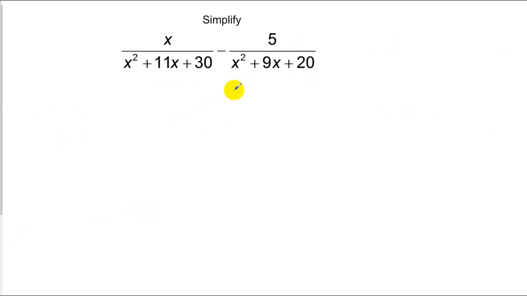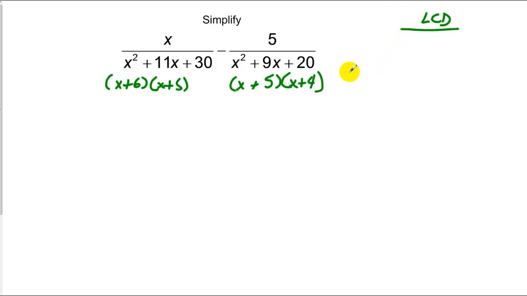Let's hit one more of these, and we'll try to factor once again. I have an x plus 6 and an x plus 5, x plus 5, x plus 4. You'll see I need the x plus 6. I've got the x plus 5s, and I need the x plus 4.